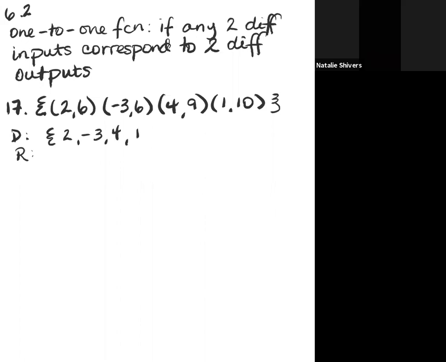That's how most of you would write it. And range is 6, 9, and 10. Okay? Because 6 repeats, and essentially there aren't 4 domain pieces to 4 range pieces, it's not one-to-one.